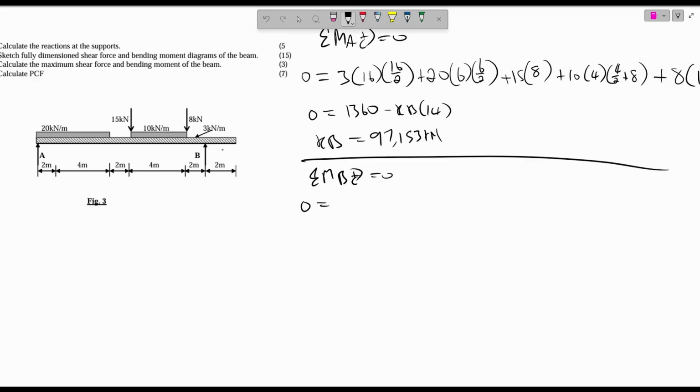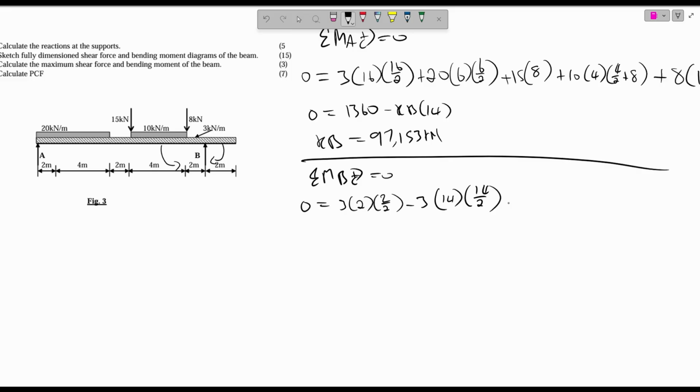For the 3 kilonewton, we have one 3 kilonewton which is going clockwise, and the other side of the 3 kilonewton is going anti-clockwise at B. So we have 3 kilonewton times 2, 2 over 2, minus 3 kilonewton times 14, 2 plus 4 plus 2 plus 4 plus 2 times 14, 14 divided by 2.